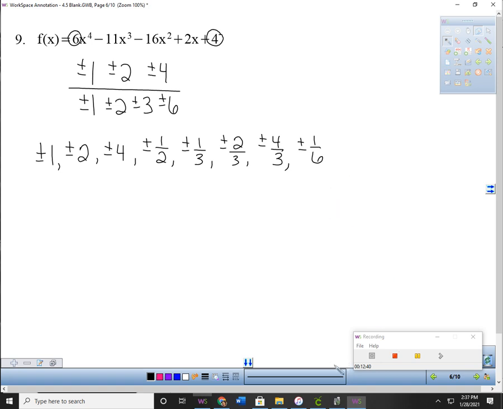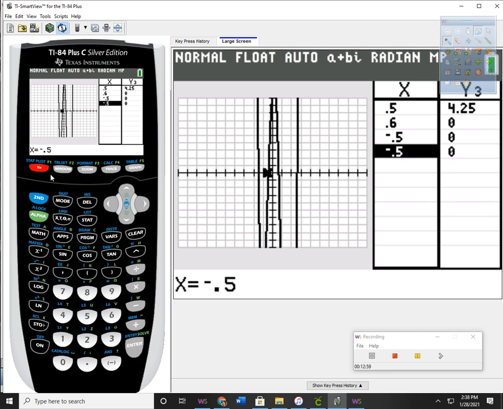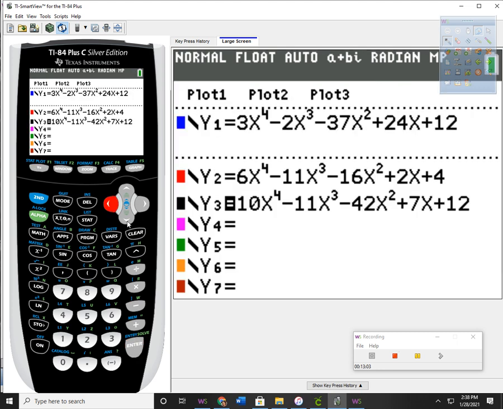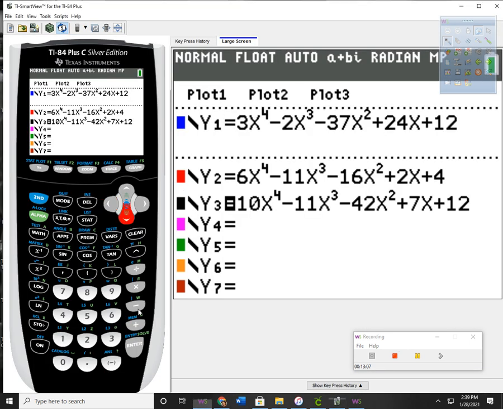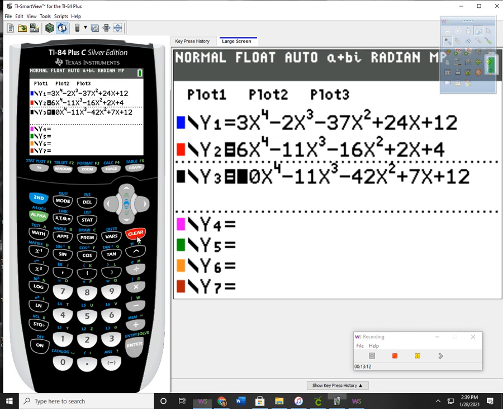All right, so we're going to grab our calculator and graph that just so we don't have to keep guessing, right? So the middle one's what we're graphing.